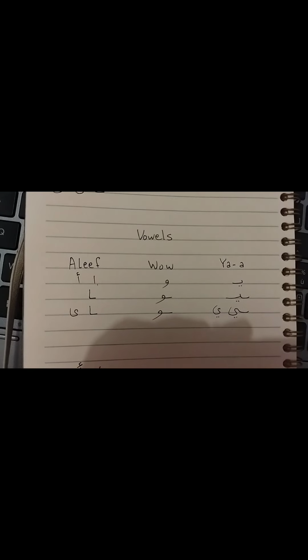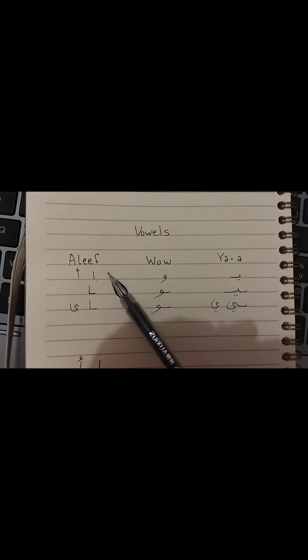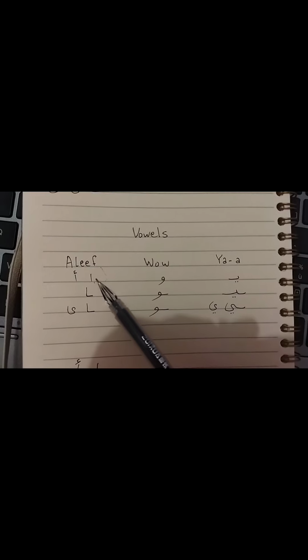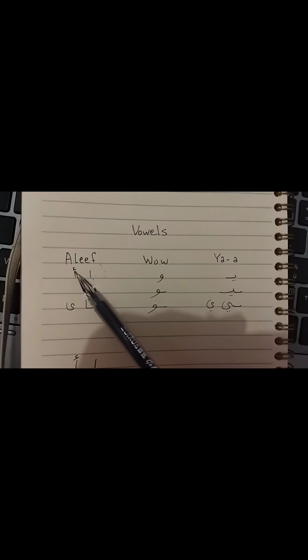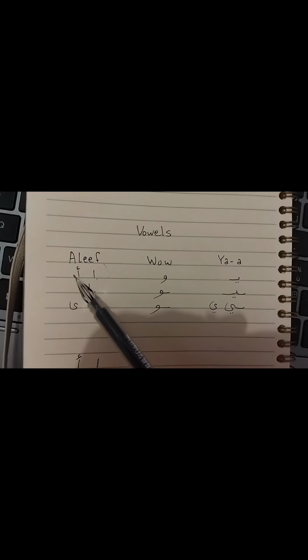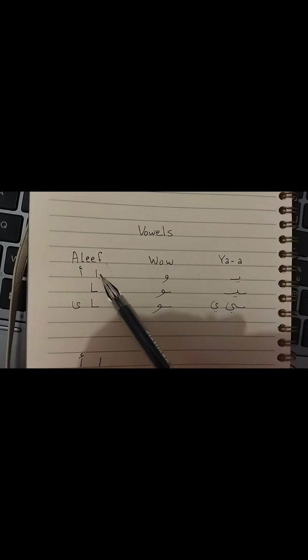Now let's see the 3 vowels. We have first Alif, and these are the 3 ways it can be written. This is how it is written at the beginning of words. You can see that we have a symbol here. We call it Hamza. You will see later cases where we have it and others where we don't.